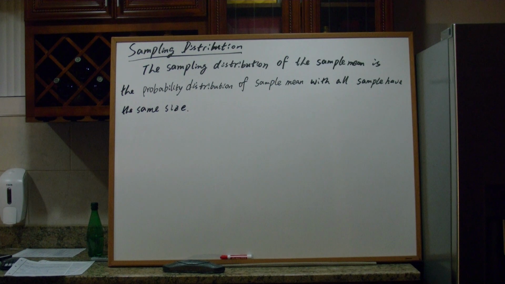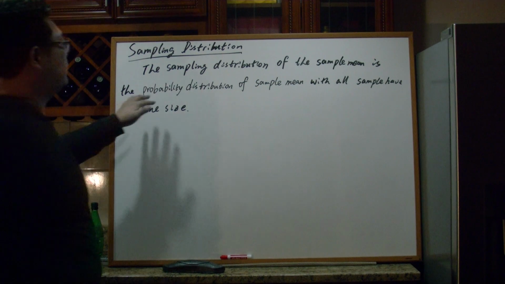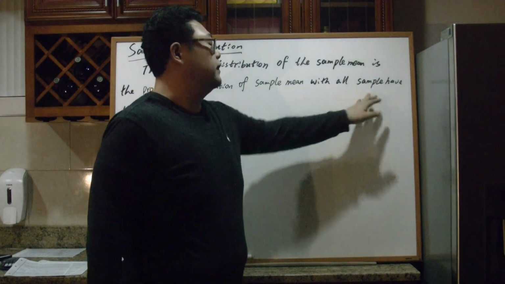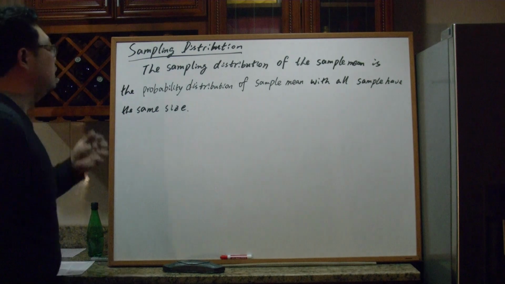A sampling distribution is a probability distribution of the sample mean, with all samples having the same size. The random variable is the sample mean of all samples of the same size.